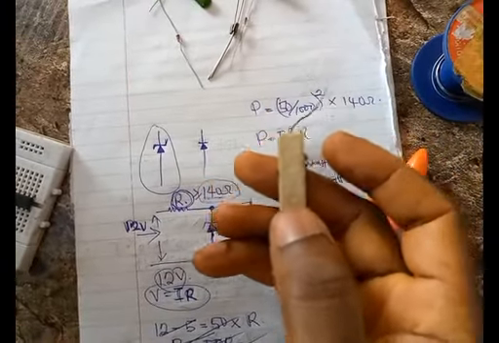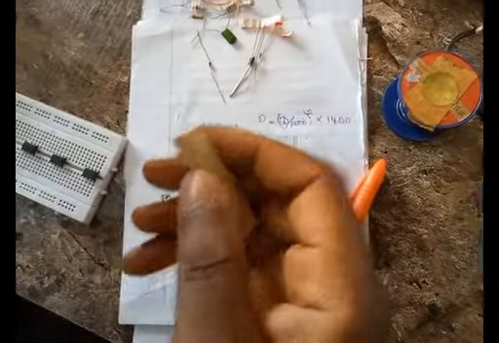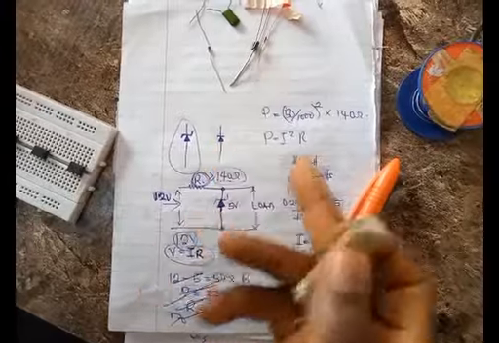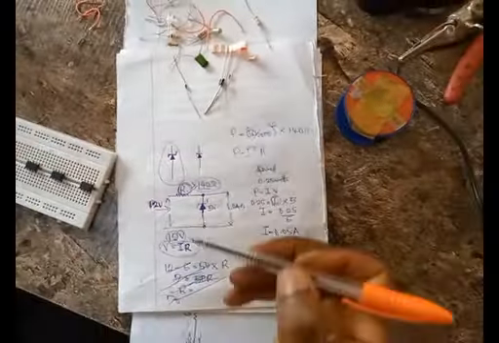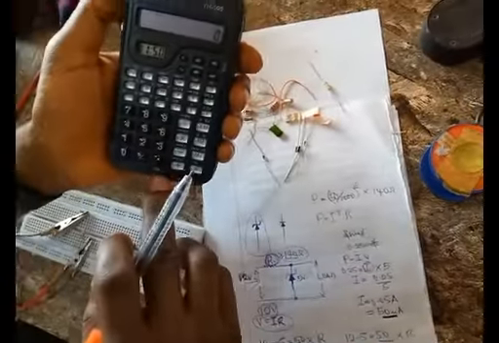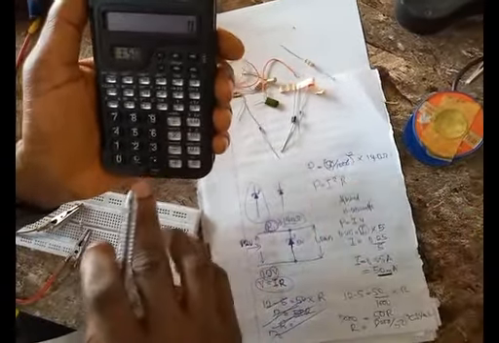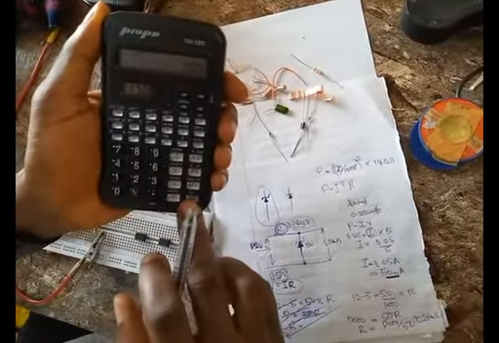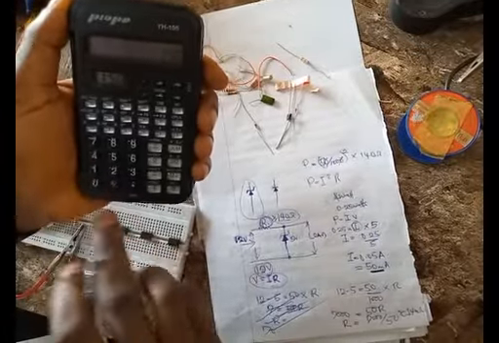So as the voltage increases, you should be able to tell the power rating of the resistor you'll be using to limit this current. So let's check. 50 milliamps is 0.05. 0.05 times 0.05 gives me that, then multiplied by 140.